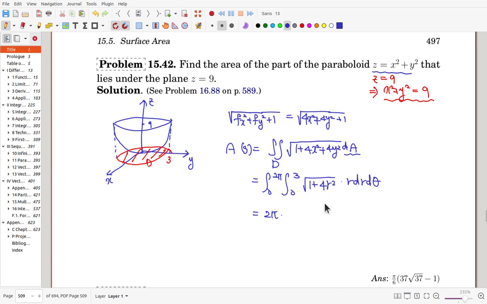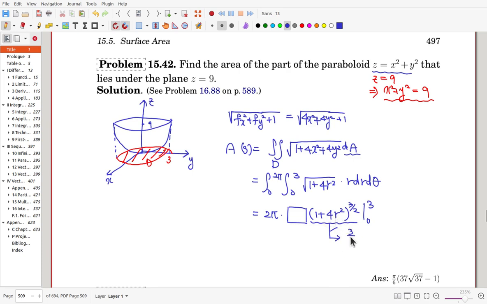Now, for that one, its antiderivative must be, there's a half power, so 1 plus 4r squared to the 3 over 2, half plus 1, that is the major part of the antiderivative, and we'll evaluate this from 0 to 3, but we have to put a constant here to match. To find this one, let's take the derivative with respect to r.